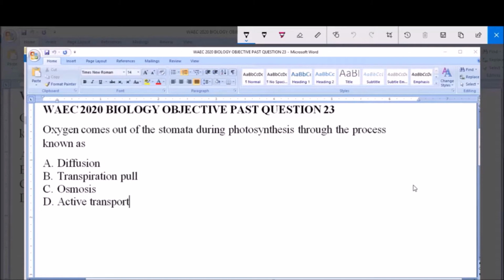Oxygen comes out of the stomata during photosynthesis through the process known as A. Diffusion, B. Transpiration pool, C. Osmosis, D. Active transport.